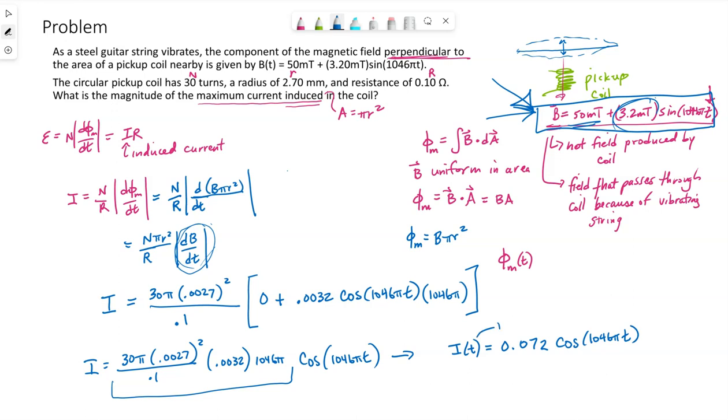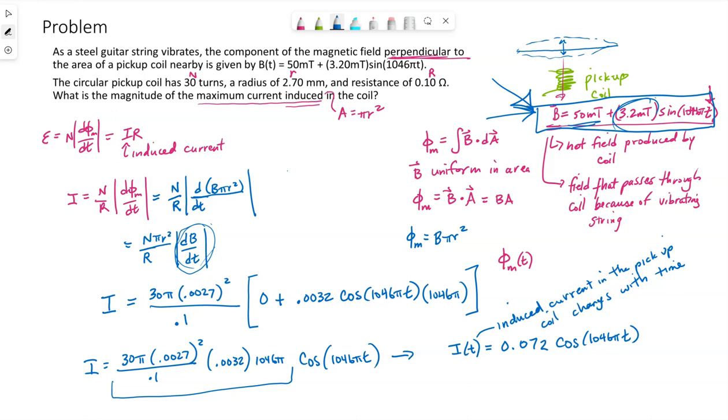What this tells me is the induced current in the pickup coil changes with time. This gives me a function. So depending upon what moment in time I care about, that will determine what the induced current is at that moment.